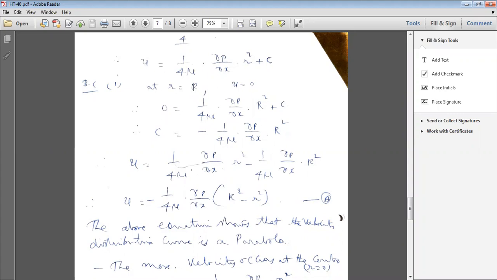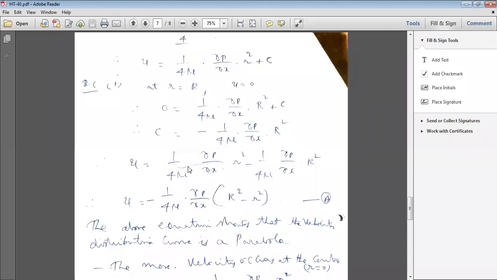Therefore, 0 is equal to 1 by 4 mu into dou P by dou X into small r, substituting the small r value as capital R, that's capital R square, plus C. From this, the constant of integration C is equal to minus 1 by 4 mu into dou P by dou X into R square. Okay? That is the constant of integration.